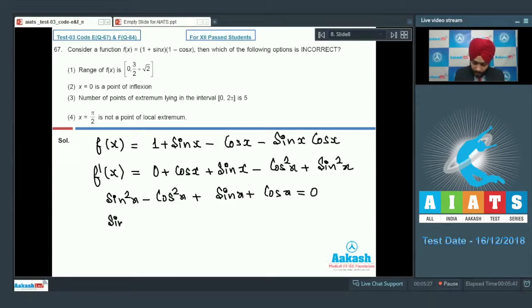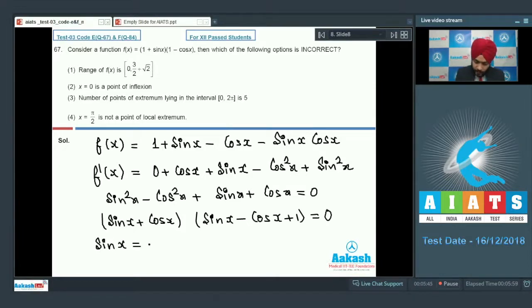So a plus b is common, sin x plus cos x is common, whole multiplied by (sin x minus cos x plus 1) equals 0. Now students, there are two possibilities. Sin x is equal to minus cos x, that means tan x is equal to minus 1. And in the interval 0 to 2 pi, we have two values, 3 pi by 4 and 7 pi by 4.